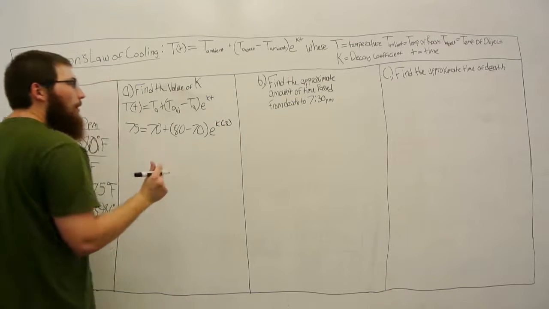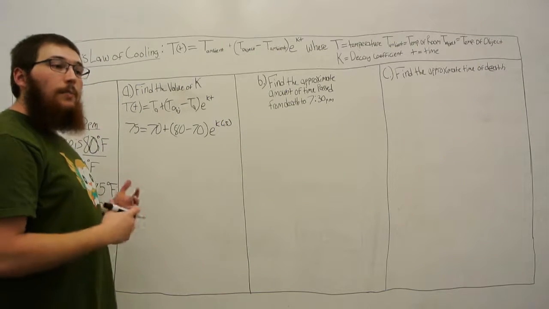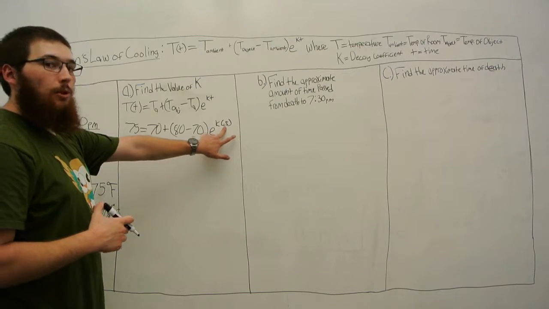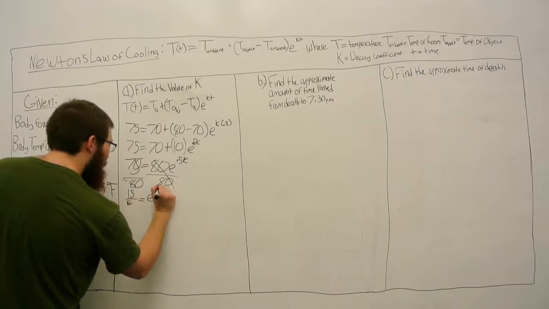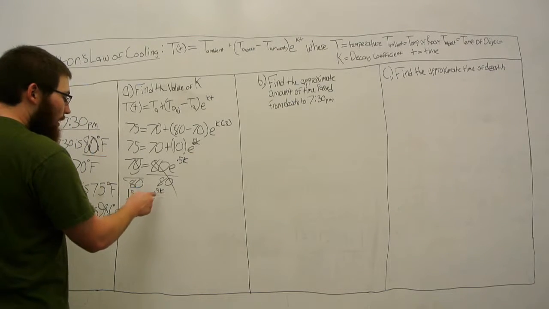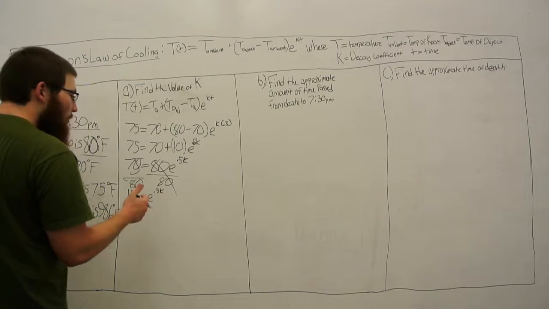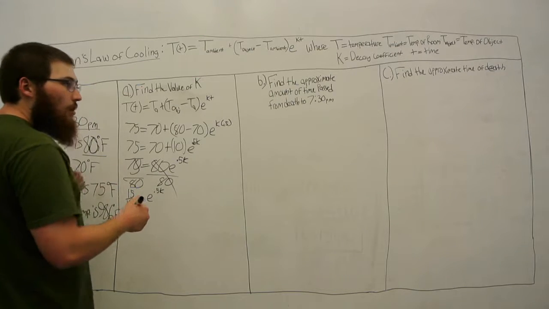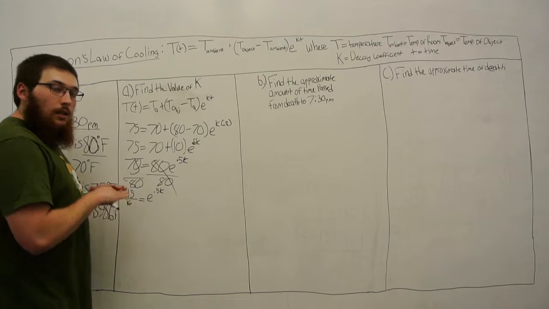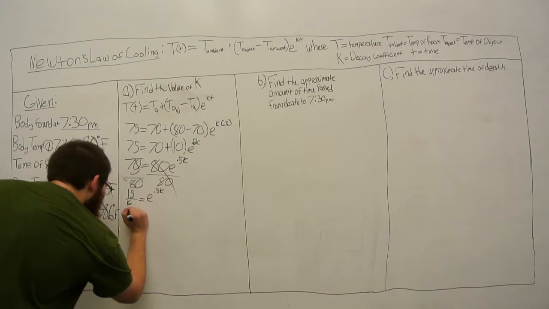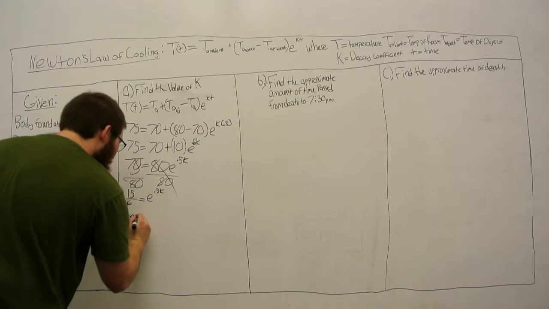And the reason we use 0.5 is we're measuring everything in hours and not minutes, so we're using half of an hour, so 0.5. Now we have to get this K by itself. So what we're going to do is the natural log so that this E can be cut out. So you have to do the natural log of both sides.